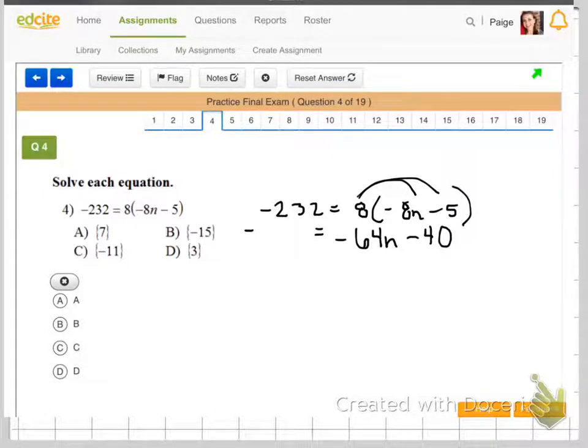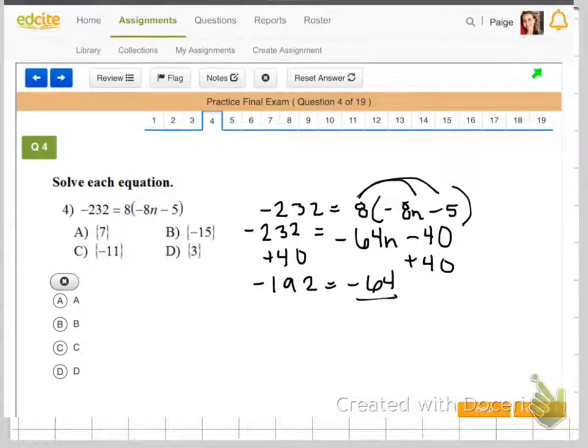Then I'll bring down that negative 232. Let's get rid of that 40, so we're going to add 40. Negative 232 plus 40 gets me a negative 192, and that equals negative 64n. We'll then divide by that negative 64 to get n by itself, and we get n equals 3. So in this case, we get D.